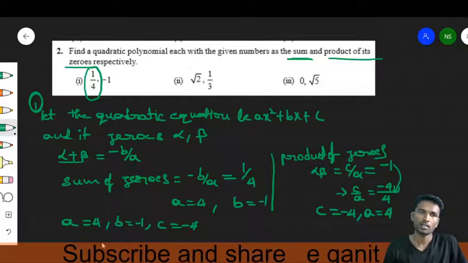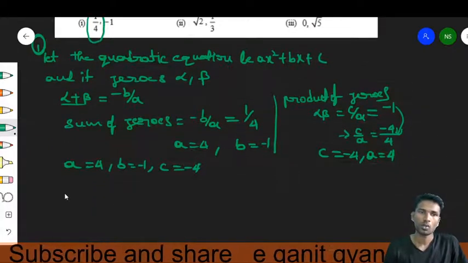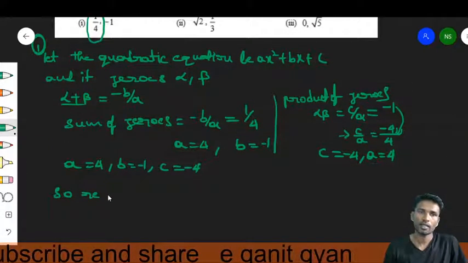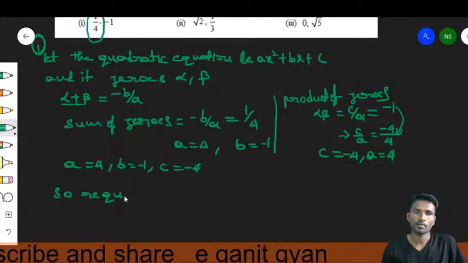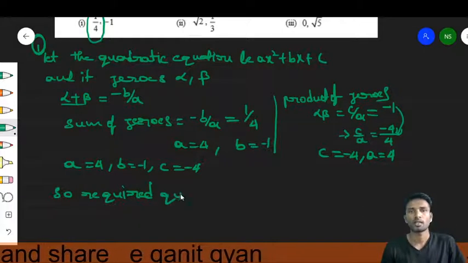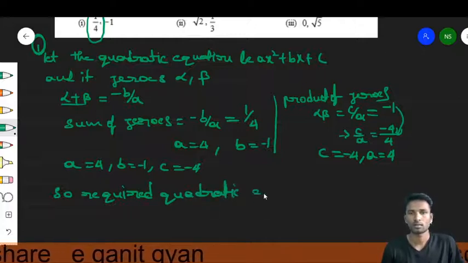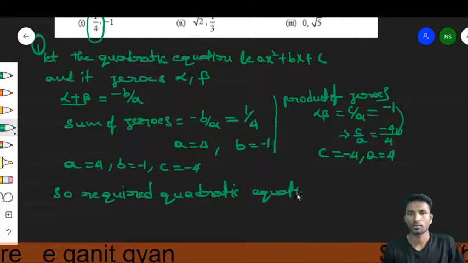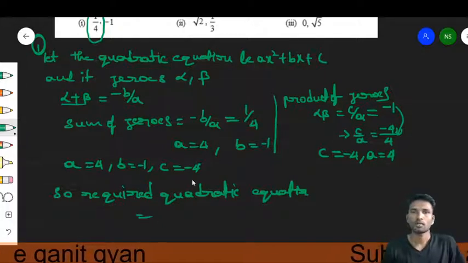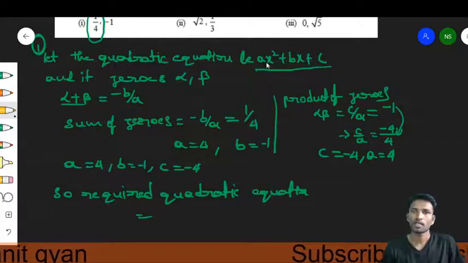Then I can write the quadratic equation very easily. So the required quadratic equation, what is it? ax square plus bx plus c. Here what is a value?